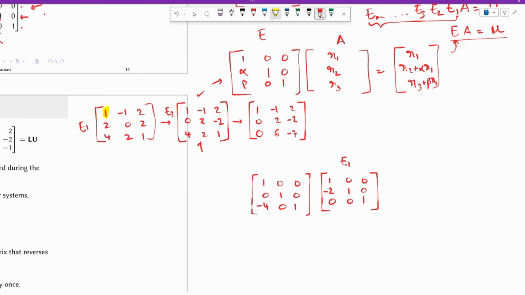Now we go to the second pivot, which is non-zero, so no row exchange operation is required. Now we go ahead and do what? The first row remains the same. The second row remains the same. Third row, we're going to do something. What is the operation that we're doing on the third row now, starting from this matrix?